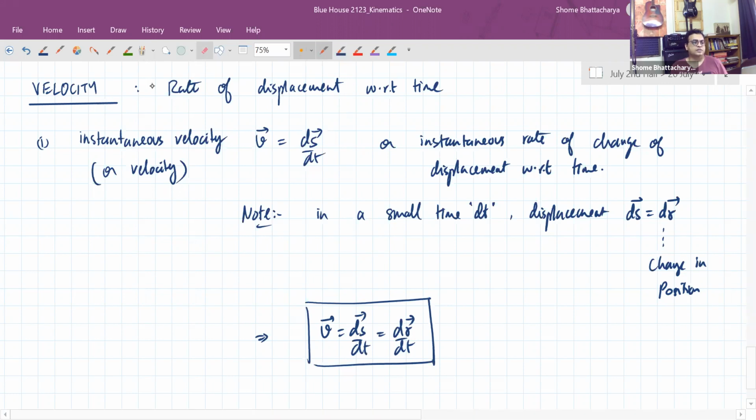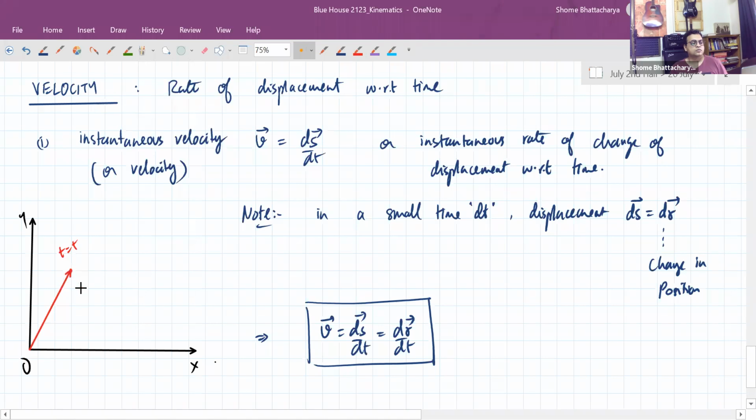Just for convenience, I'm making a two-dimensional reference frame. In this reference frame, let's say at some time t, my particle was located here, at this position vector R. Now a very short time later, it has moved somewhere else. Let's say it has come here at t plus dt. During this very small interval of time, what is the displacement vector?